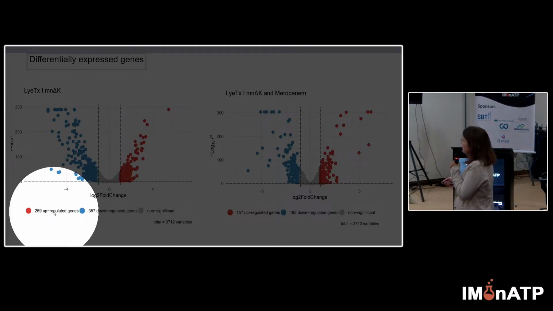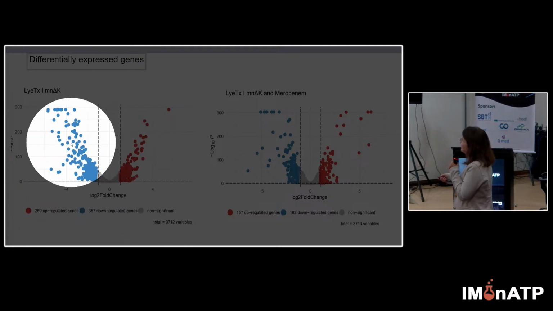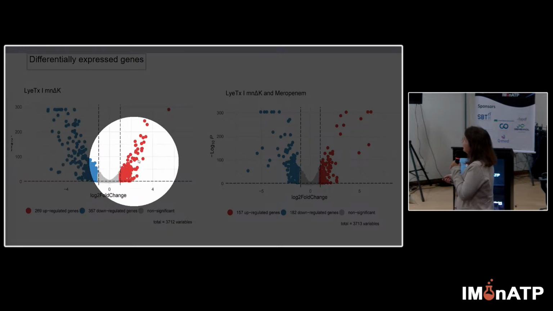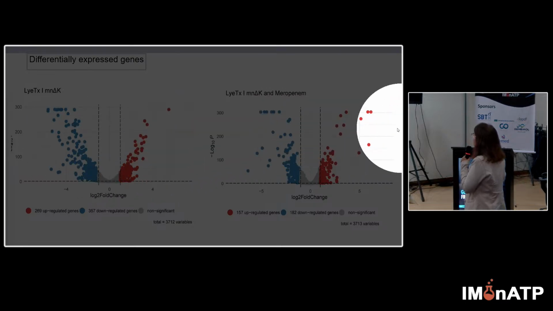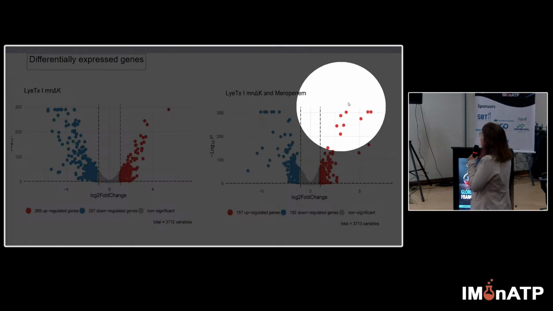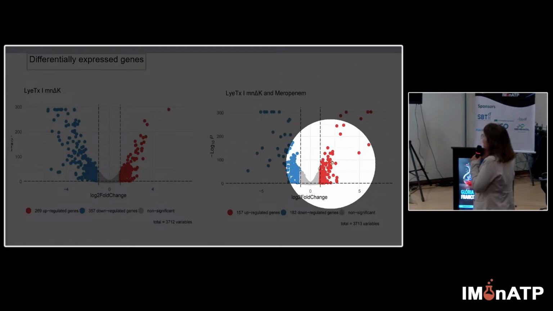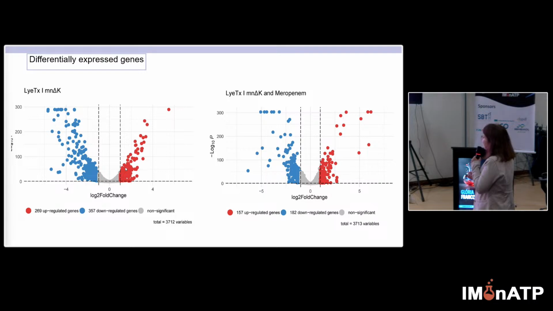We have many upregulated genes and downregulated genes, more downregulated than upregulated in the two conditions, meropenem and toxin, and then only the toxin. Which genes are they?